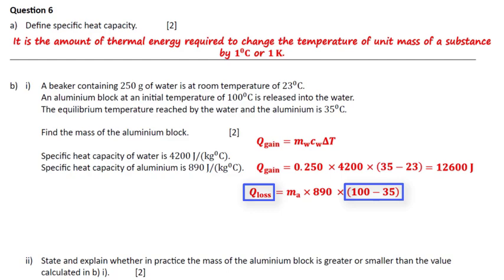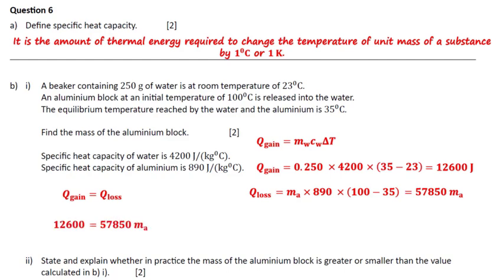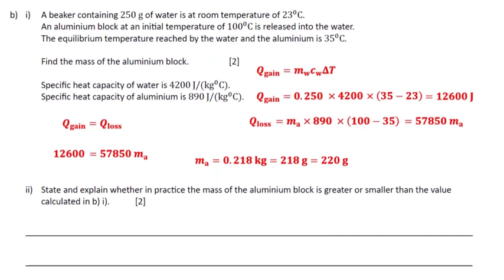Ça veut dire 100 retiré 35, qui nous donne 57 850 MA. Alors, Q gain égale Q loss, according to conservation of energy. Donc, 12600 égale 57 850 MA. Et nous sommes capables de solve for MA, which is going to be equal to 220 grammes to 2SF.